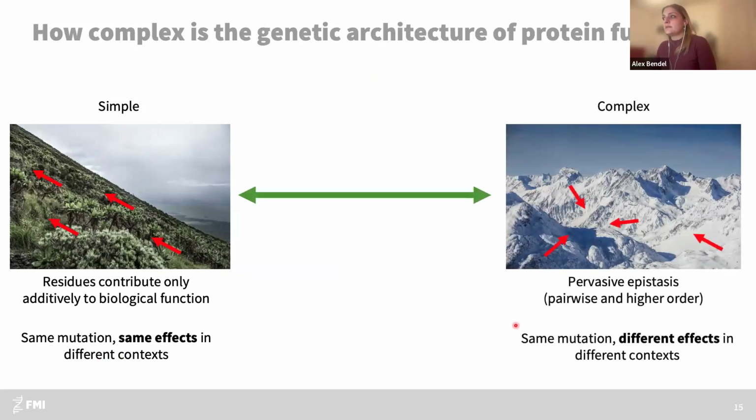On the other hand, protein function can be very complex, which means we observe pervasive epistasis of pairwise and even higher order, where the same mutation in a different context has a very different effect on protein function, or in our case, protein-protein interaction.